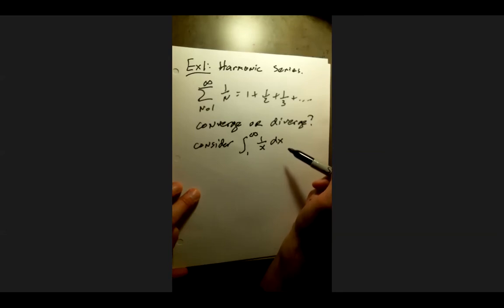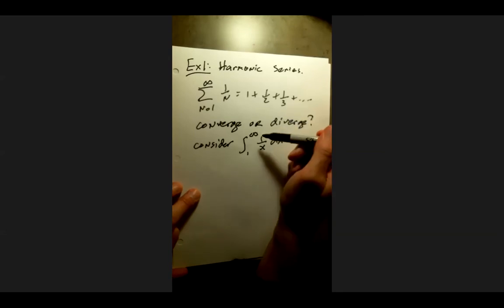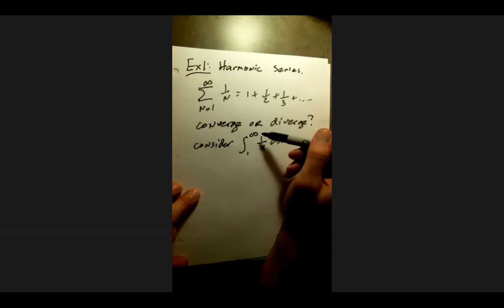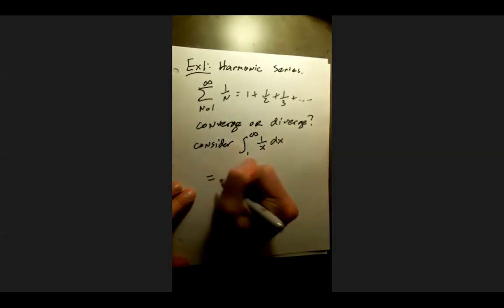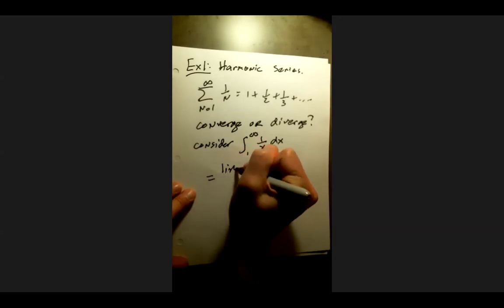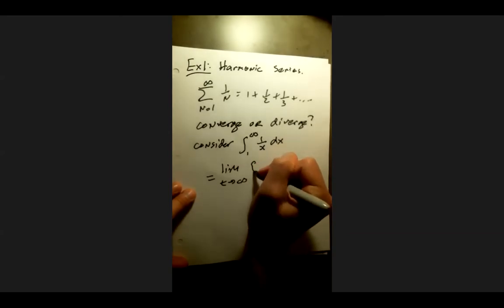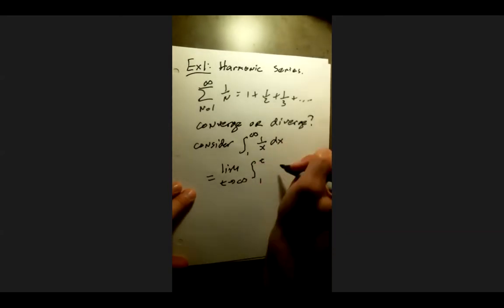An improper integral. It has an infinity in the upper bound. So as you may recall, what we do in that case is we set up a limit as t goes to infinity of the integral from 1 to t of 1 over x dx.